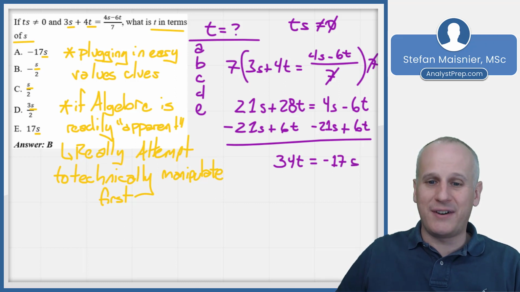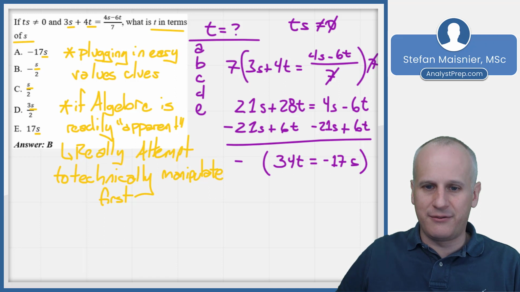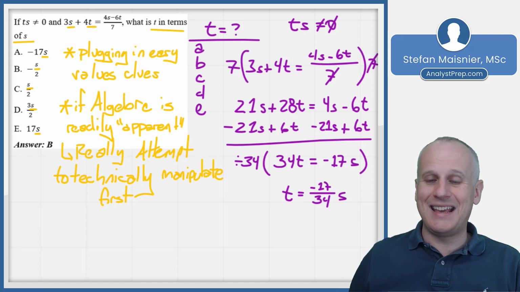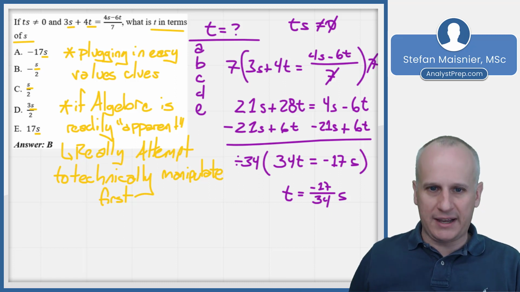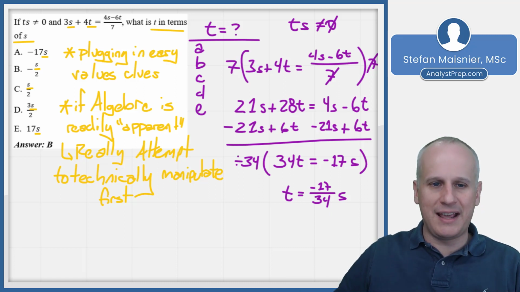And so we're trying to find T, so that means we're going to divide both sides by 34. So T is equal to negative 17 over 34 S. If you know that 17 is exactly half of 34, you can reduce this, but I don't even have to, because I could see that there's a negative S over 2.